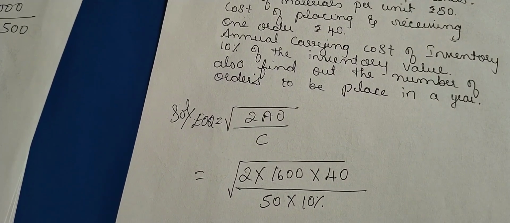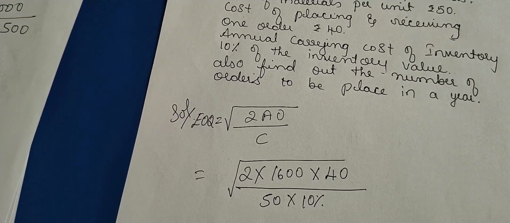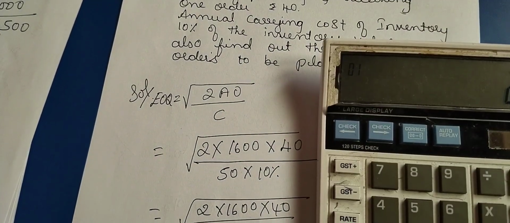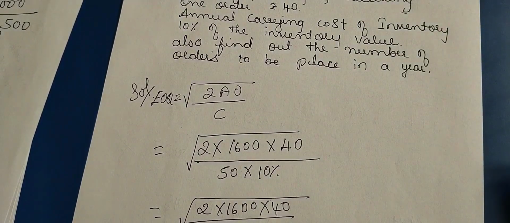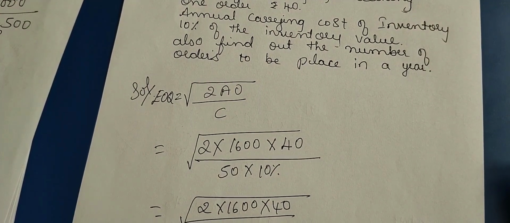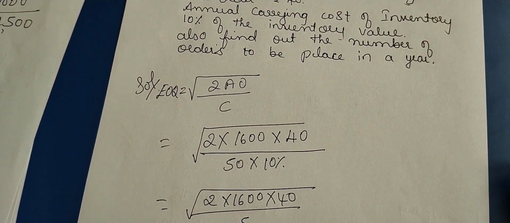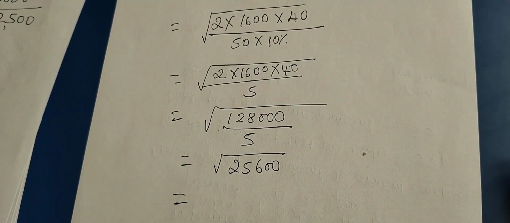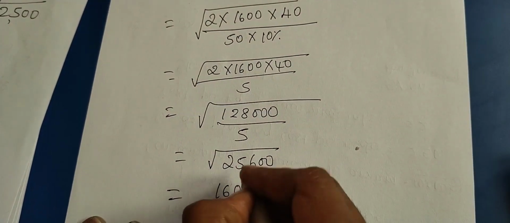So 2 into 1600 into 40 by 5. 2 into 1600 into 40 is 1,28,000. 1,28,000 divided by 5 is 25,600. The square root of 25,600 is 160.